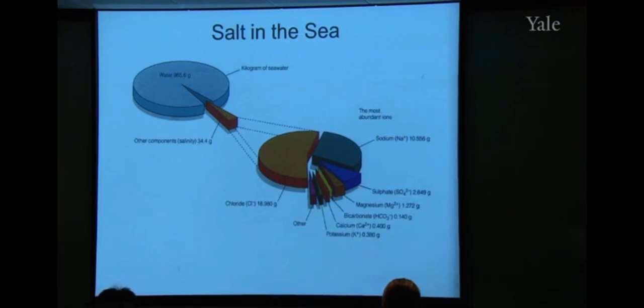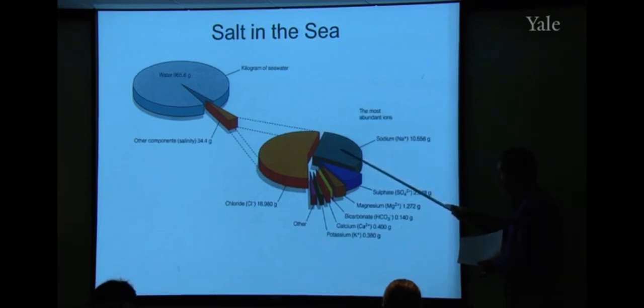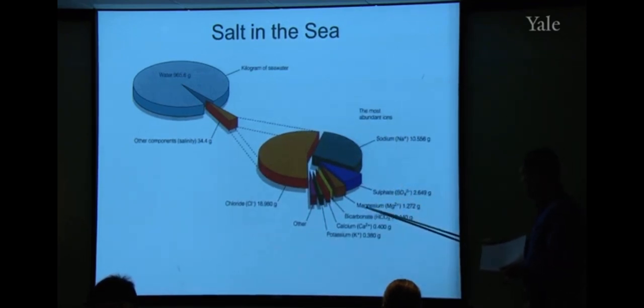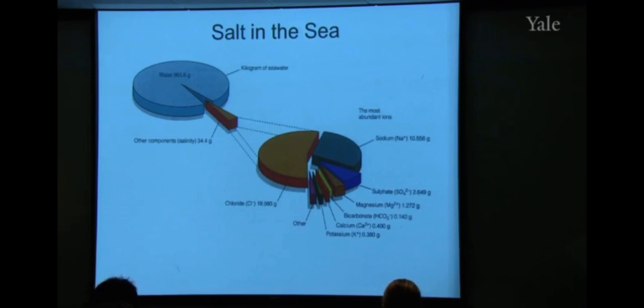Then we come to the cations, which is what you're studying in the lab this week, and the dominant ones are sodium, which is by far and away the most abundant, but also we have magnesium, calcium, and potassium. And those are the four things that you have data for in the lab as you go from freshwater river into the ocean.